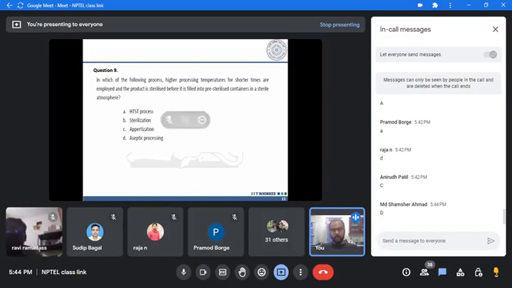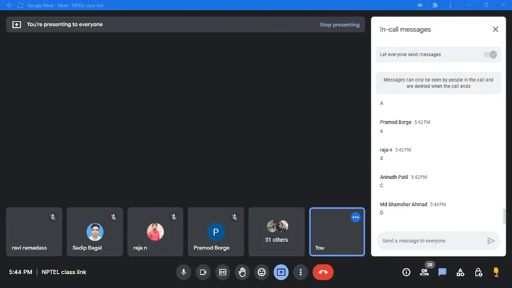So the answer for this question will be aseptic processing. For a given increase in temperature, at a higher temperature the destruction of the microorganisms also increases. The food quality is therefore ensured at higher processing temperature where the product is also packed in a pre-sterilized container.